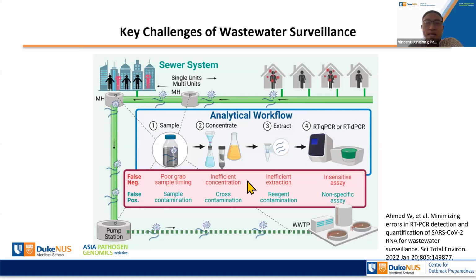Extraction-wise, there's a need for a bit of trial and error on what methods will allow you to extract the genetic materials of the pathogens efficiently. There are a number of different kits available for different pathogens that you may need to try out, because different water conditions may affect the buffers and the quality of how the extractions can be done. Likewise, false positives can be affected by reagent contamination.